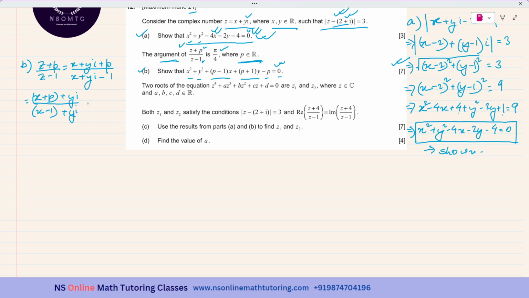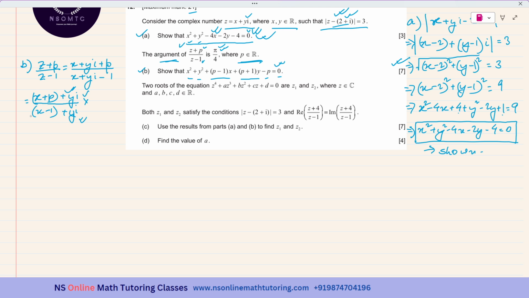Okay, so now we are given that the argument is pi over 4, but we have to get the expression of the argument of this complex number. So there is a complex number in the numerator, there is another complex number in the denominator. So two complex numbers are getting divided. So how do we divide complex numbers?